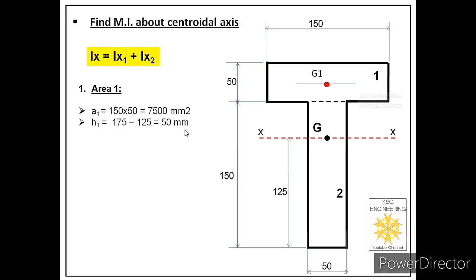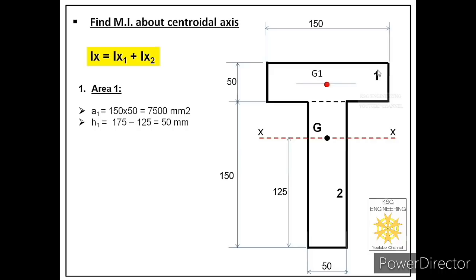Now the next step is to find the moment of inertia of area 1 about its centroidal axis. For a rectangular area, the moment of inertia about its centroidal axis is given by the formula BD cubed by 12, where B is the side of the rectangle parallel to the centroidal axis. To this centroidal axis, the 150 mm length is parallel.